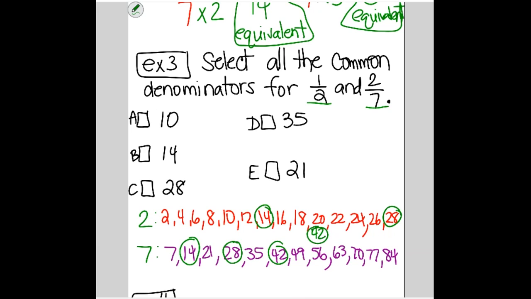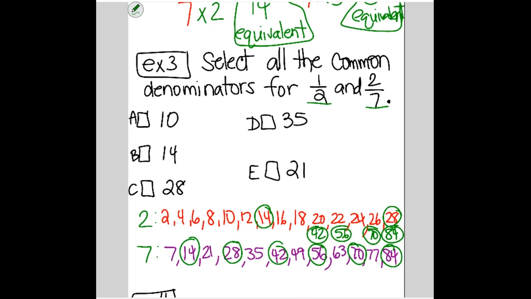The 42 would be there. 56, can I get half of that? Yes, you can. 56 would be there. What's another one? 70 would be there. I'm mostly doing the even numbers. So whatever would be even would be a multiple of 2. And then 84.